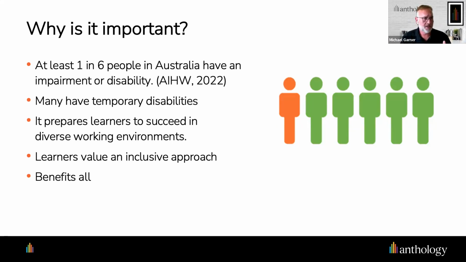With the AIHW website, they're also reporting that 1 in 6 is about 18% of Australians. They're reporting another 22% have long-term health conditions, not necessarily official disabilities, but long-term health conditions, which we also know can create temporary impairments or long-term impairments that need to be supported. So when you look at those percentages, that's a large percentage of the population.